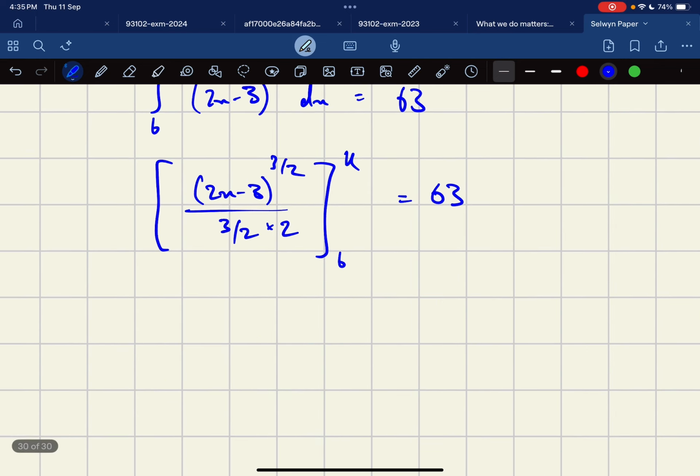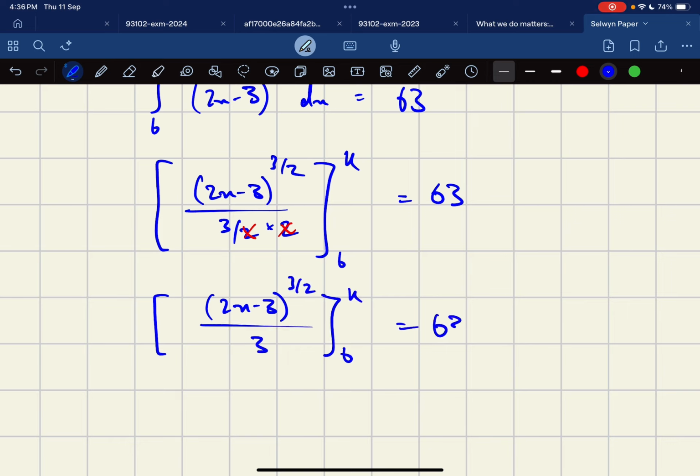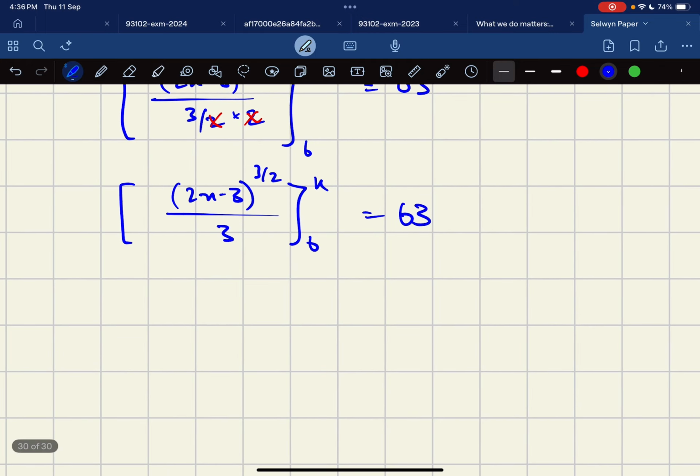So then you can simplify this a little bit. So you have here 3/2 times 2. The 2's cancel each other out. So then it's just 2x minus 3 to the power of 3/2 over 3, from 6 to k, is equal to 63. So then you let x equals k.